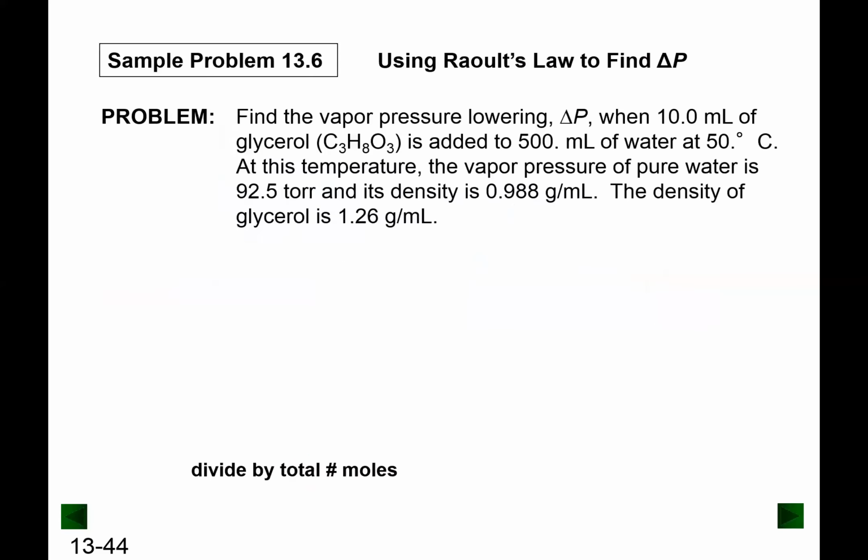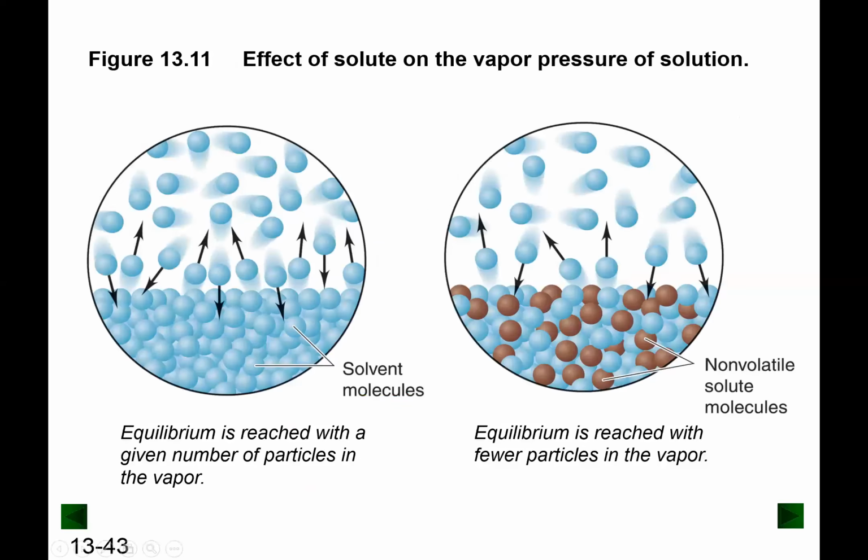Now, I want to discuss briefly part of the reason for this. In a pure solvent, once equilibrium is reached, the rate of particles leaving the solution and going into the vapor phase is equivalent to the rate of particles from the vapor phase coming back into the solution.